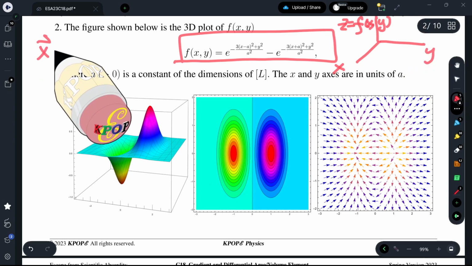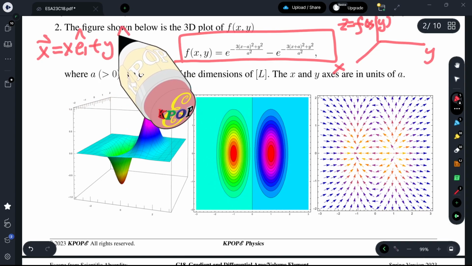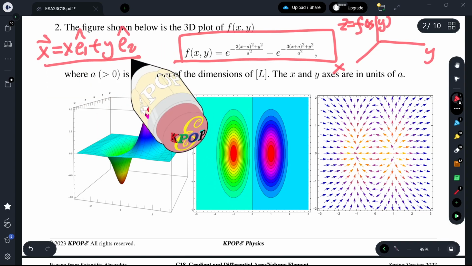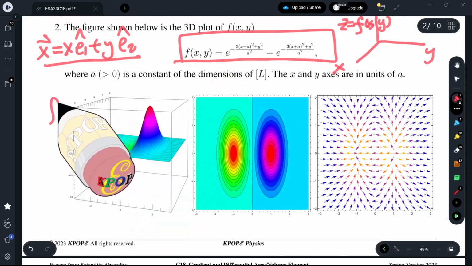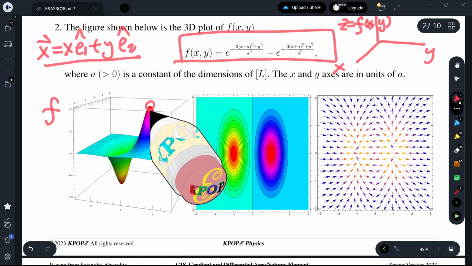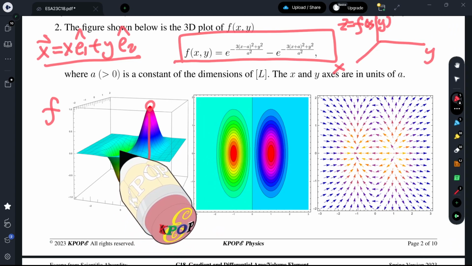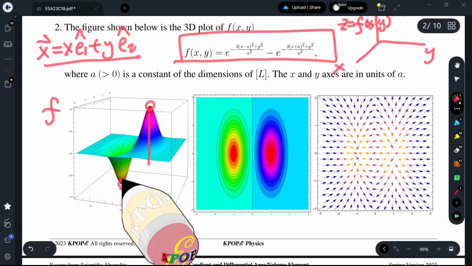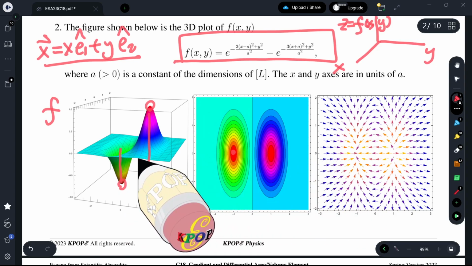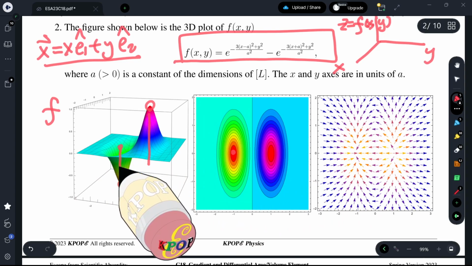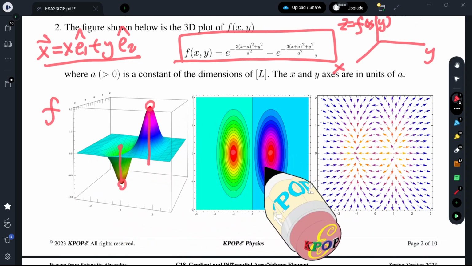So the vector x is x e1 hat plus y e2 hat. This plot shows the function f has a maximum at this point and has a minimum somewhere. This is the point at which this function has the minimum, and this is the point at which it has the maximum.